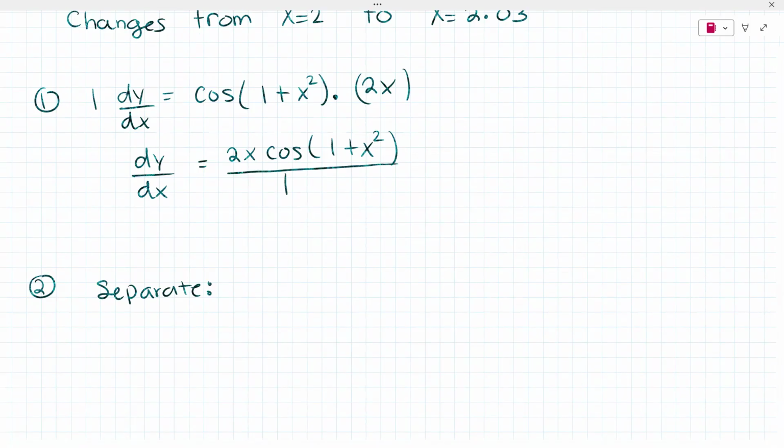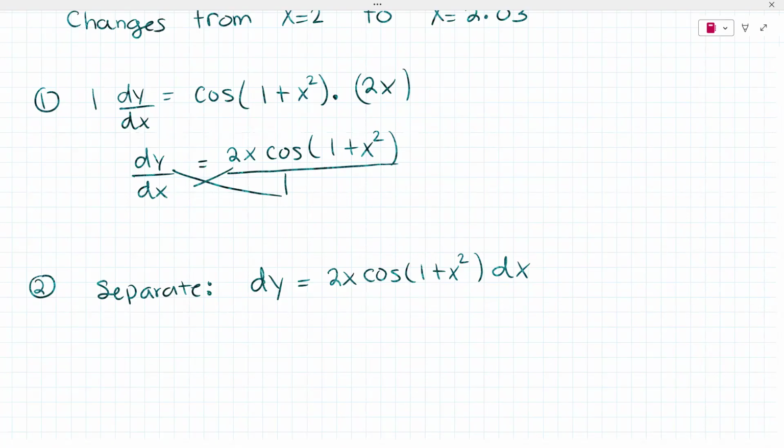This has a denominator of 1, so 1 times dy is dy, and then this whole thing times this. Then we found dy, which is 2x cosine of 1 plus x squared dx.